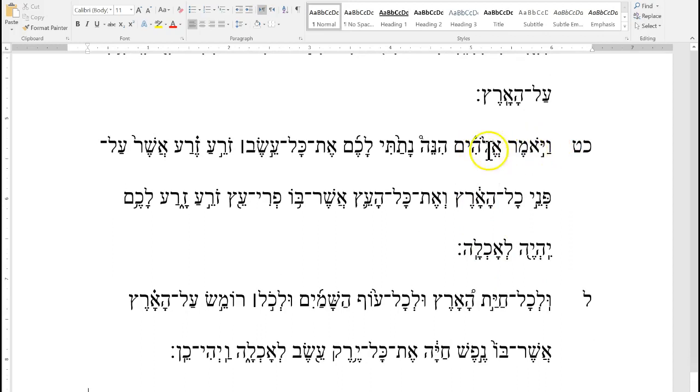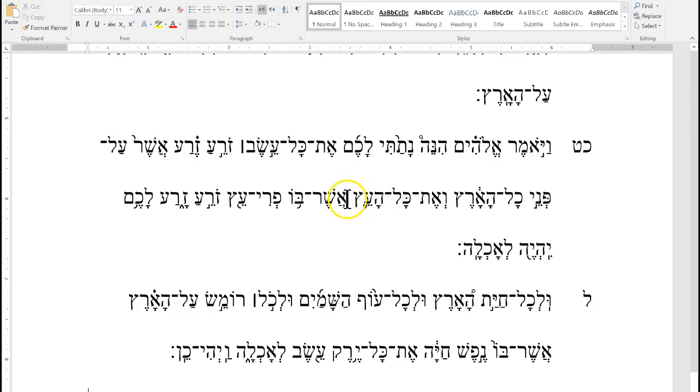Vayomer Elohim, and God said, hine, behold, natati lakem et kol esev zorea zera, seeding seed, asher al penei kol haaretz. God said, behold, I give to you all the herbage, seeding seed, which is on the face of all the earth.